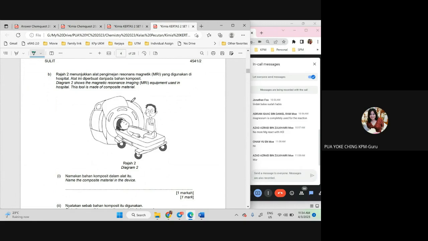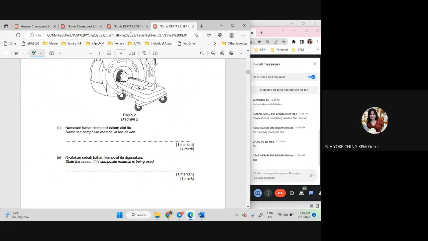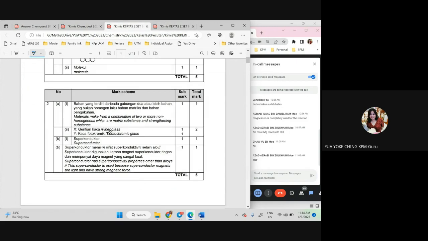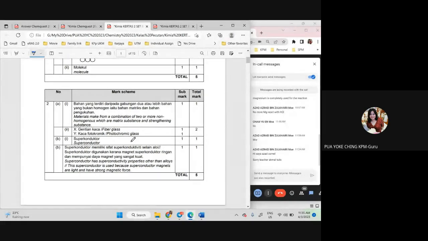Namakan bahan komposit dalam alat itu, which is your superconductor lah kan. And why is it used?